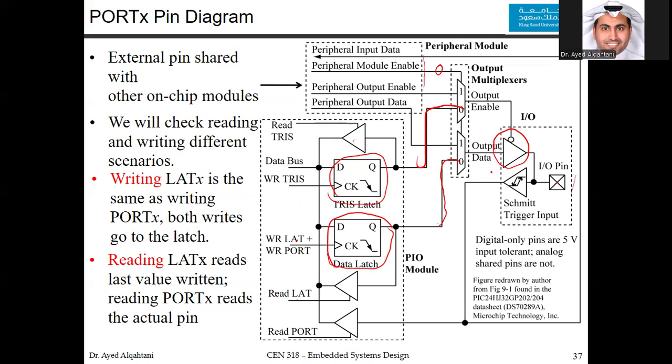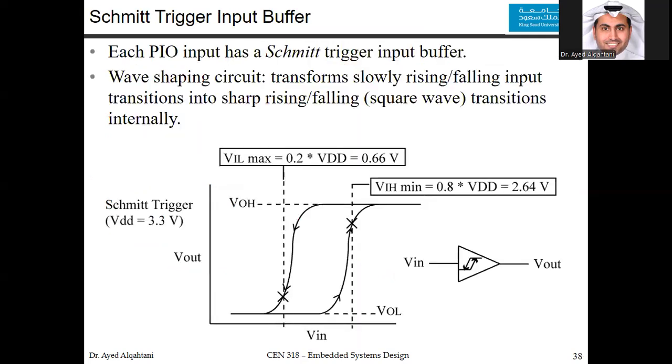So let's look at this. But before we go deeply, you can notice that right after the pin, in the back of the pin, we have the Schmitt trigger input buffer. So what does that do? We need to explain it, so we want to get it out of the way. This buffer is called the Schmitt trigger input buffer.